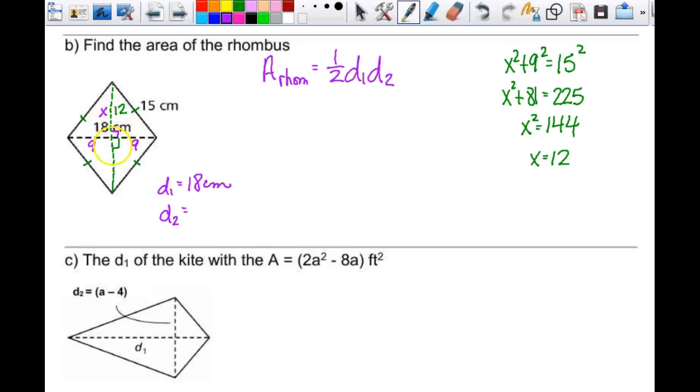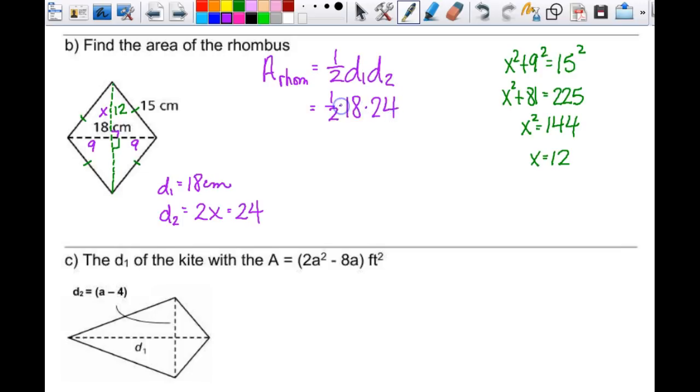Some people are going to find that 12 and be right about the process all along, but then go and substitute the 12 in. And that's not what you're doing because you got to put the whole diagonals. Does that make sense? Okay, so now I go and substitute, and I get 1/2 times 18 times 24.